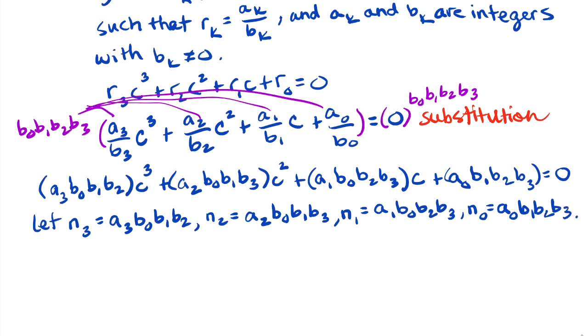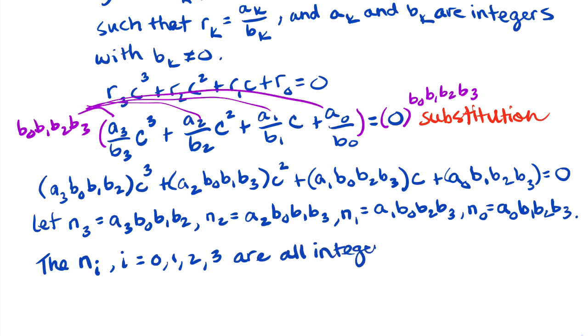Okay, so the n sub i, i equals 0, 1, 2, and 3, are all integers by closure.